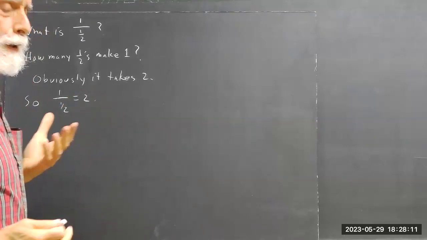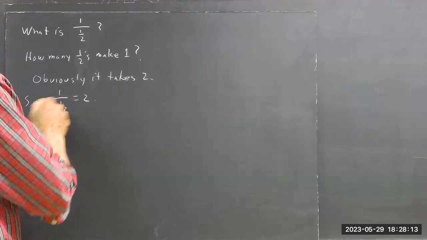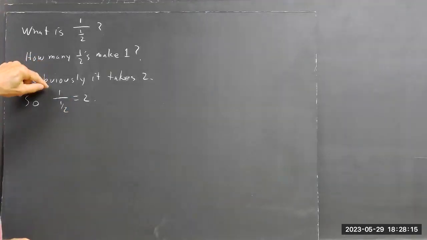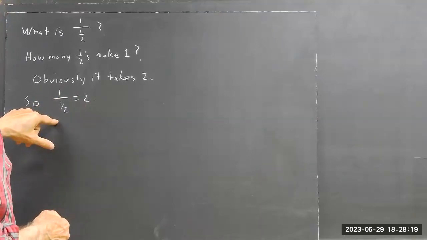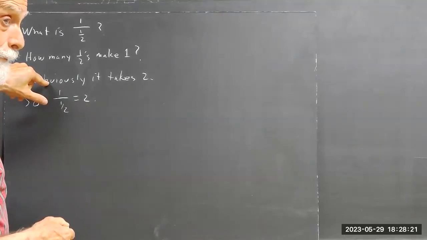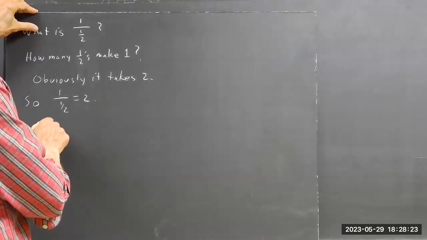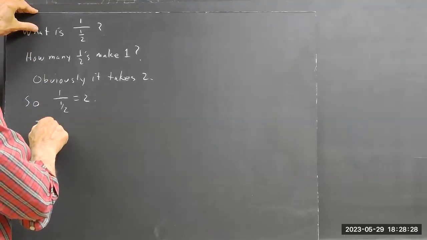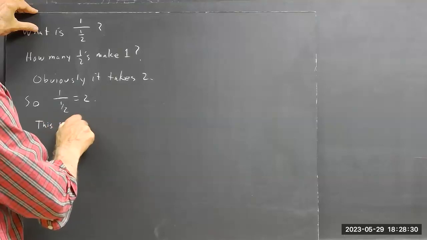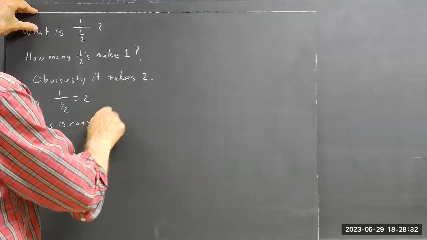Now, is this consistent with what we said before? 1 divided by 1/2 equals 2 means that it takes 2 1/2 to make 1, right? This is consistent with what we said before.